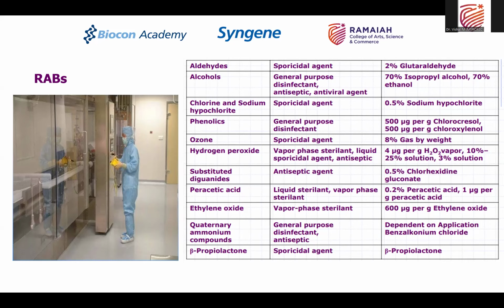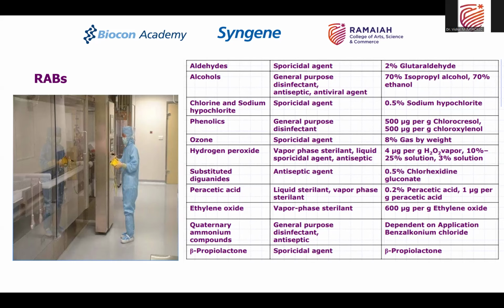It releases a lot of free radicals. I hope you understand free radicals, right? So it releases a lot of free radicals. All these free radicals are unstable. They will have to combine with other gases to form stable compounds. That's how oxidation takes place.